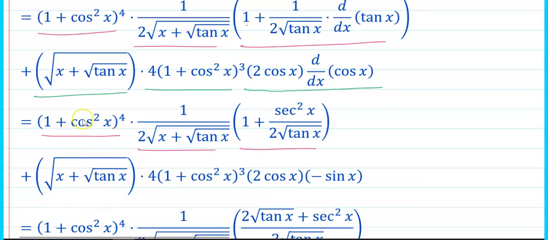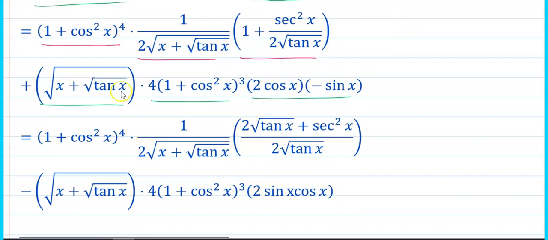Okay, here is root of x plus root of tan x as it is. 4 times in bracket 1 plus cos square x bracket to the power 3. Okay, and 2 times cos x as it is. And now the change is the derivative of cos x is a minus sign and it is here. Okay, and next, simplification.